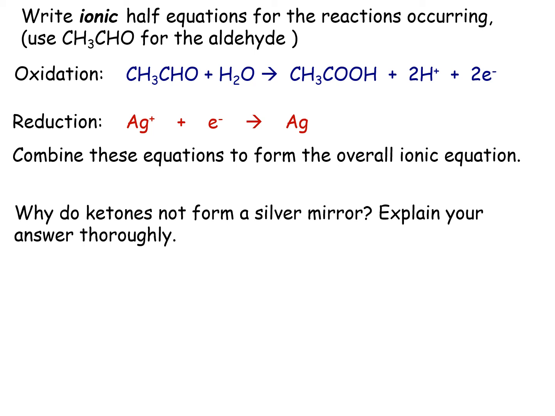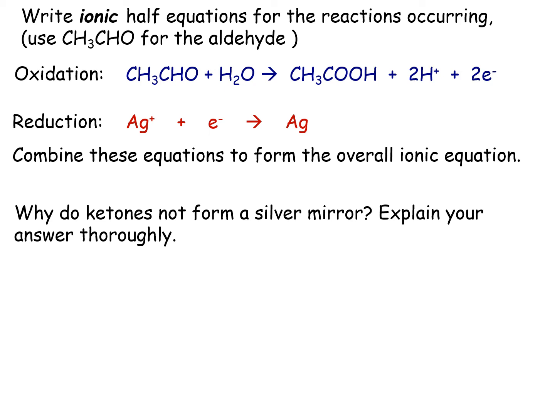Now, to get the overall redox equation, we would need to add these 2 half equations together, combine these equations. Now, when you add them together, we need to make sure the electrons are balanced, because if we're losing 2 electrons, we need to gain 2 electrons as well.